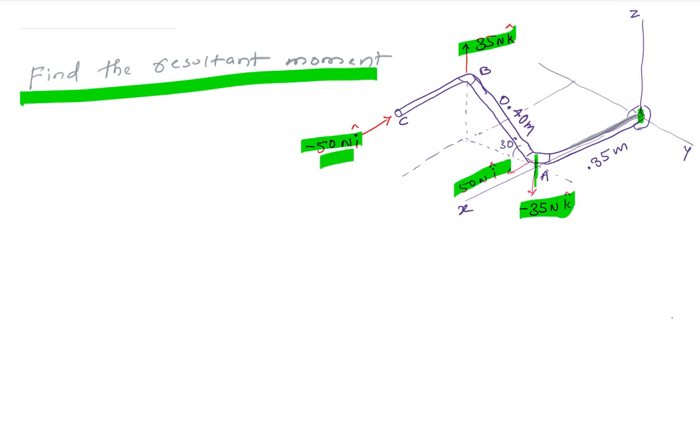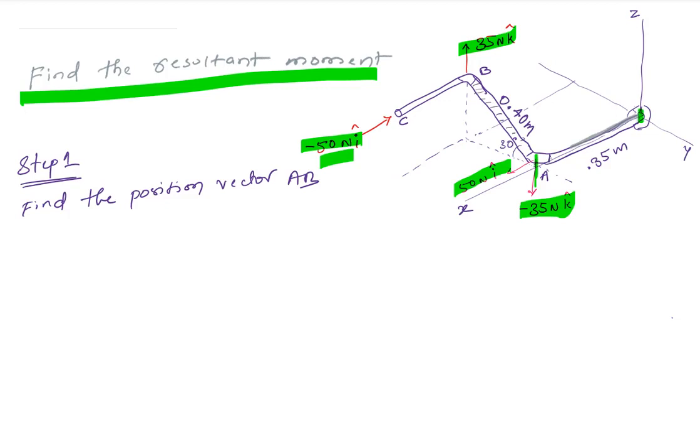Okay. This is a simple problem, so let me first outline the steps. Step 1, we're going to find the position vector for AB. Okay, so AB is this section. This bar here is AB.